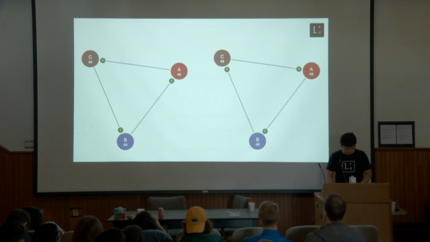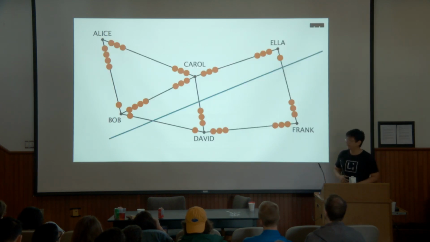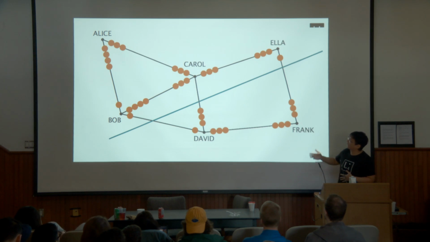Going back to the cut example I started with, if Alice wants to pay Frank more, a possible on-chain rebalancing could be Carol moving some of the money from one of her channels to the other, so that this cut is no longer so constraining.